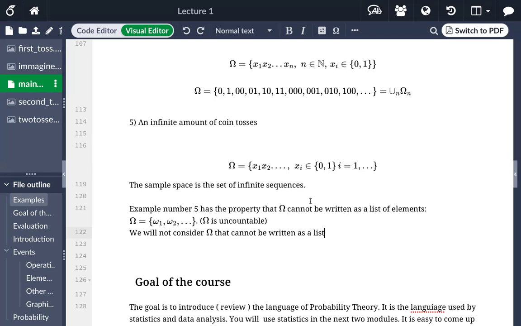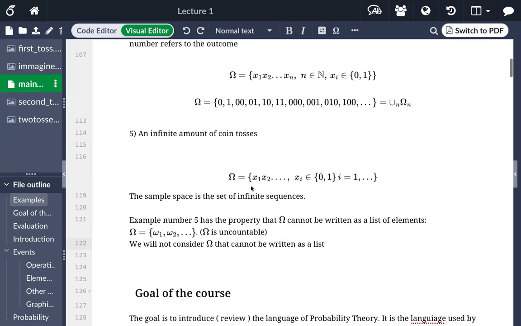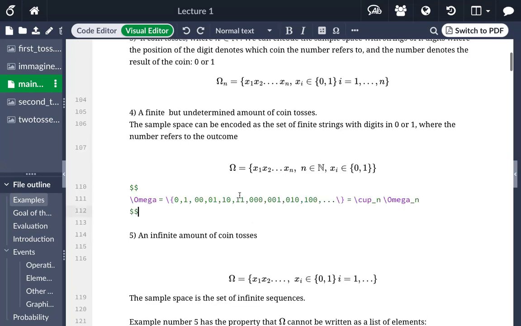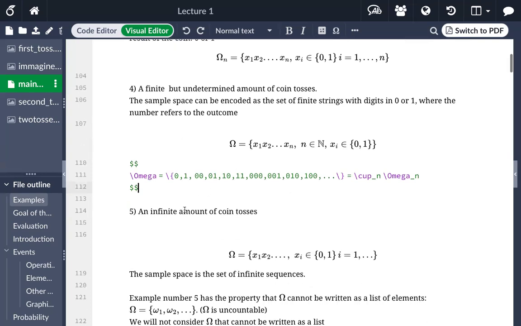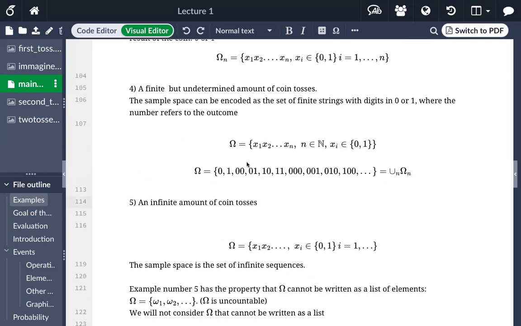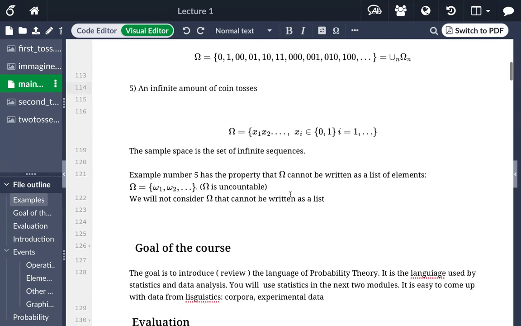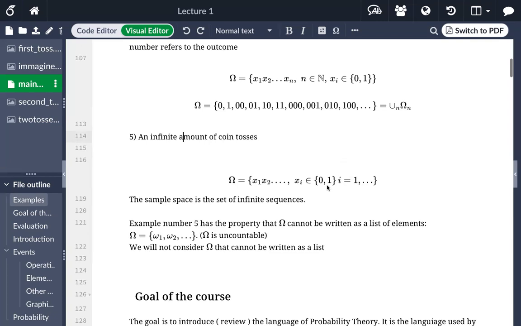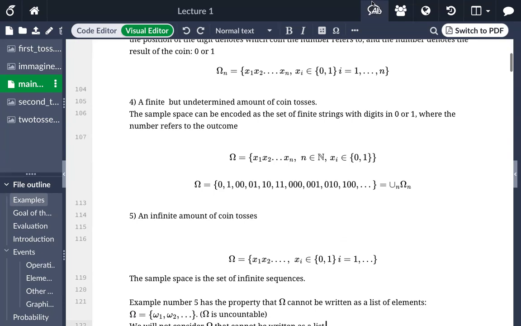It is not a big deal though, because these omegas are already sufficiently interesting, so we don't need to deal with these ones. So simply, I wanted to tell you these four examples.